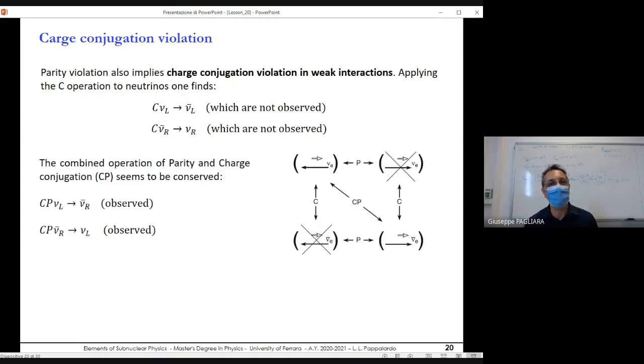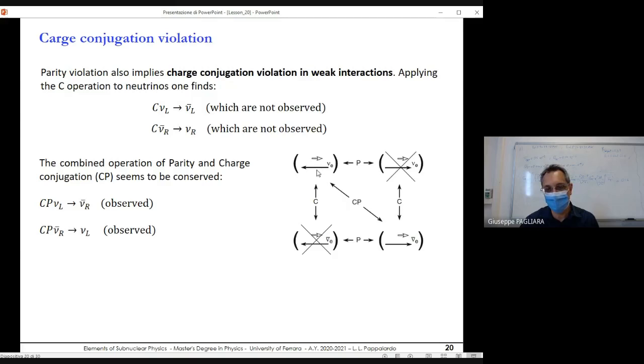Okay. What about the combination of C and P, CP? Well, if you apply both operators, then we obtain something which is observed. So CP of a left neutrino turns out to be a right antineutrino, which is indeed observed. You are switching now particle to antiparticle and left to right, and this works. Also, CP for the right antineutrino gives you a left neutrino, which also is observed.